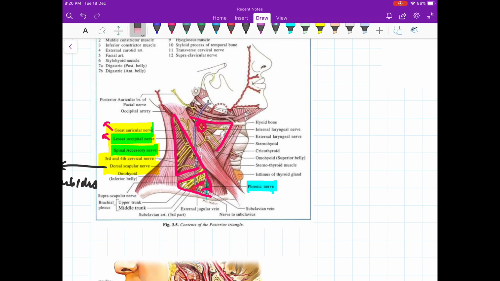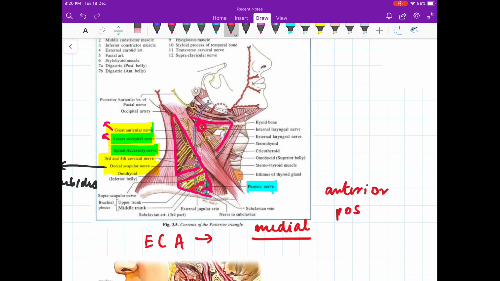Now some questions on the external carotid artery. Friends, you will tell me the medial branch of external carotid artery, anterior branches, posterior branches of external carotid artery, and the terminal branches. Think the answer, and now I will discuss with you the answers.